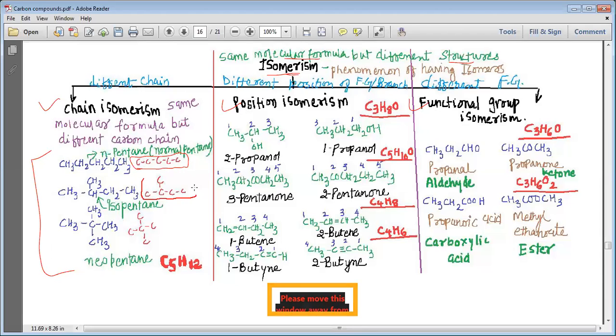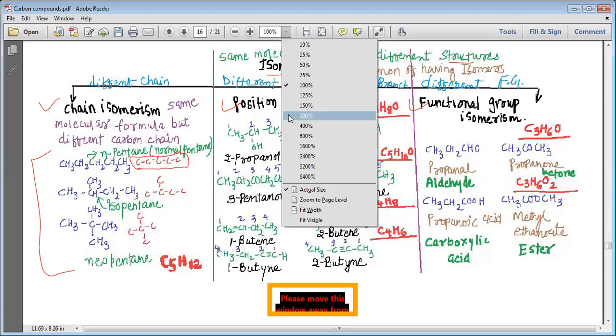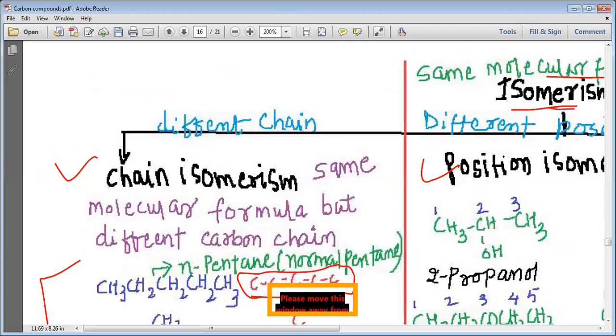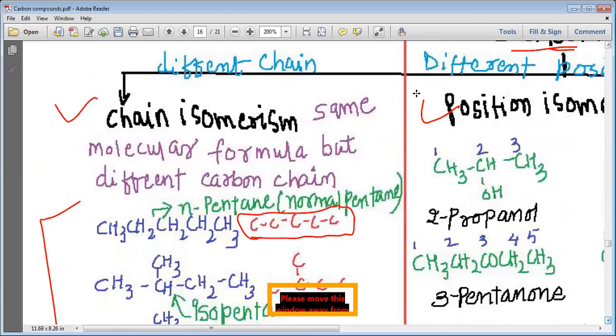But these 5 carbons can also be joined in such a way that 4 carbons are in the same line and 1 carbon is above the second carbon, or 3 carbons are in the same line, whereas 1 carbon has 2 other carbons bonded to it. So my dear students, this kind of isomerism is known as chain isomerism, and let us study chain isomerism first.